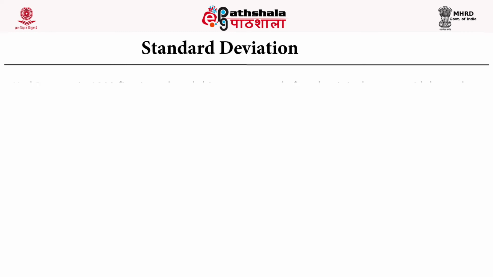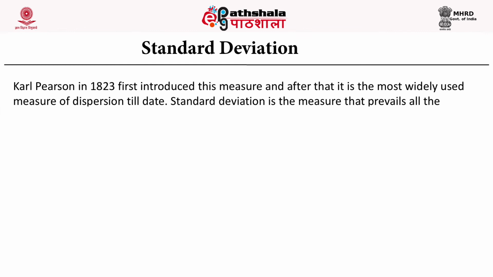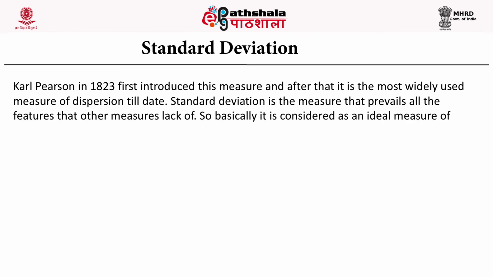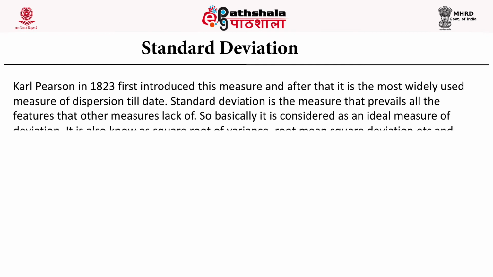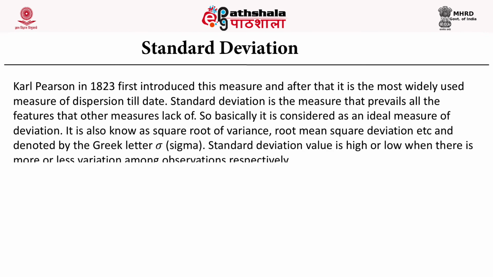Now we will discuss another measure, that is standard deviation, and it is the most widely used method for dispersion. Karl Pearson in 1823 first introduced this measure, and after that it is the most widely used measure of dispersion till date. Standard deviation is the measure that has all the features that other measures lack.